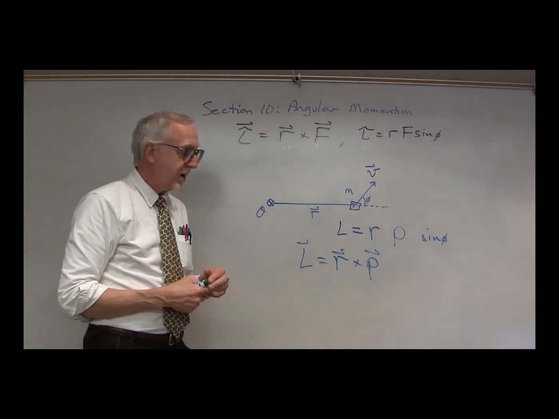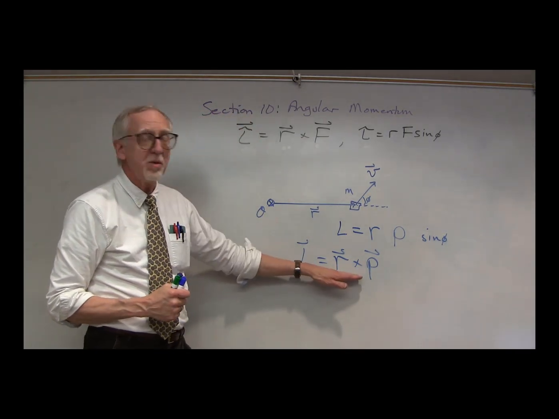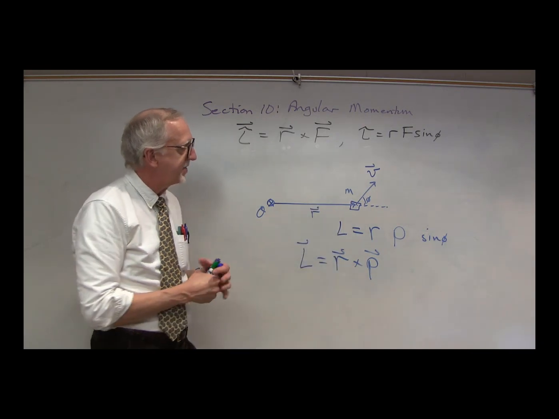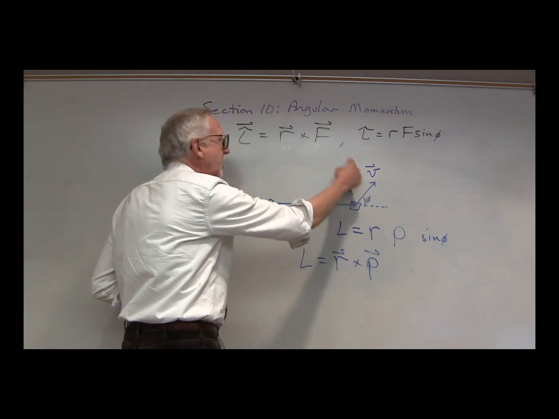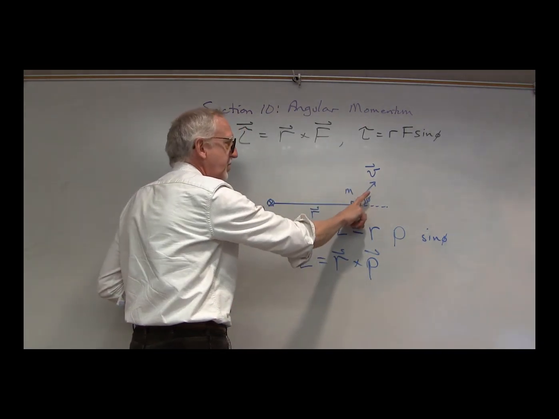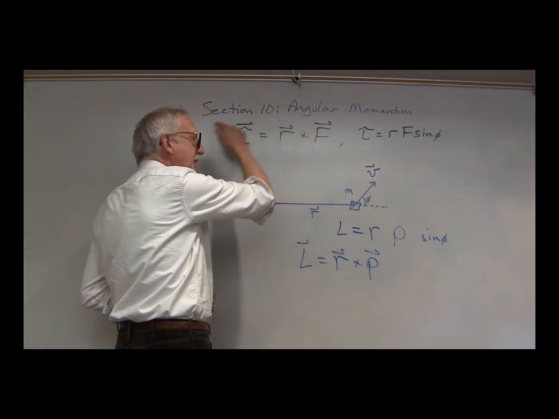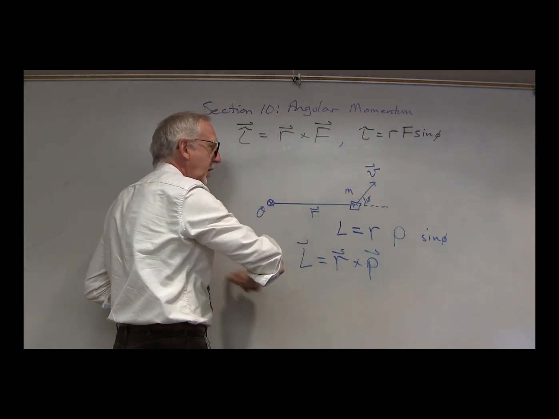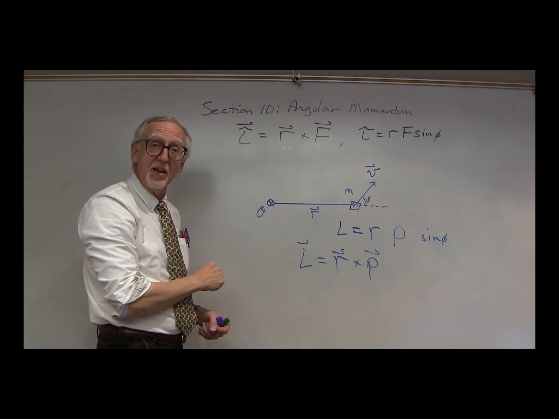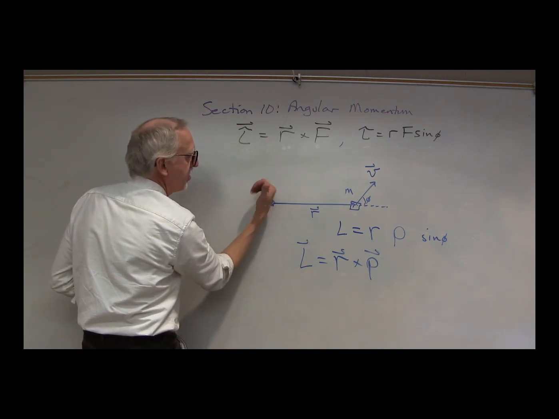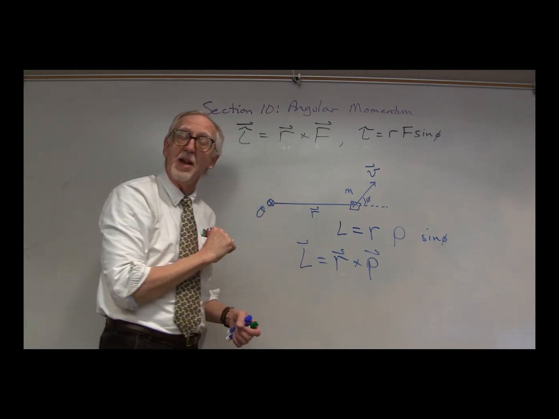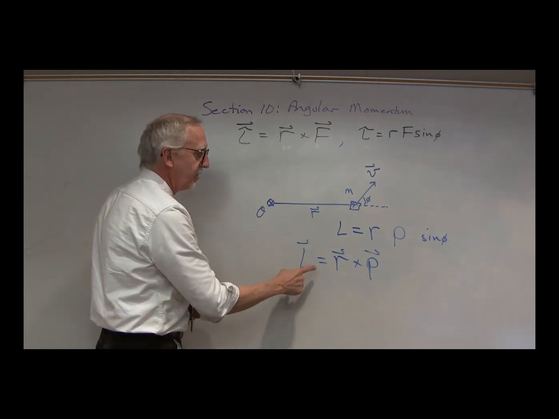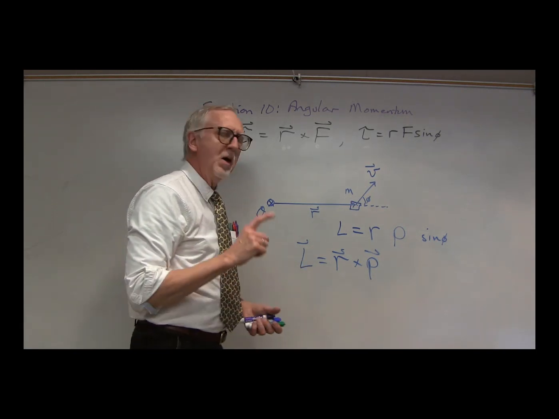But keep in mind, this means that L is going to be perpendicular to R, and if we think of something as rotating around like this, with a velocity that way, we might think of it as rotating around this way, which would give us an angular velocity out of the board, which goes along with an angular momentum out of the board. So it kind of fits.